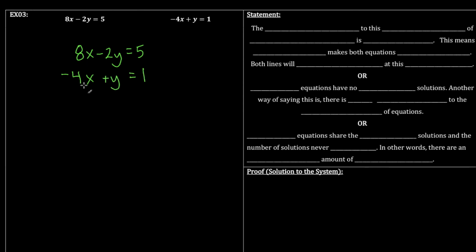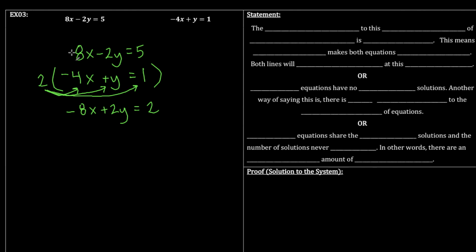Now we can tell, I can just make this a negative 8x here, right? So I'm going to multiply by 2. So 2 times negative 4 is negative 8x. And then 2 times positive y is plus 2y. And then 2 times positive 1 is 2.